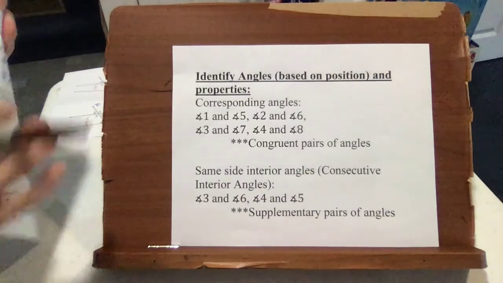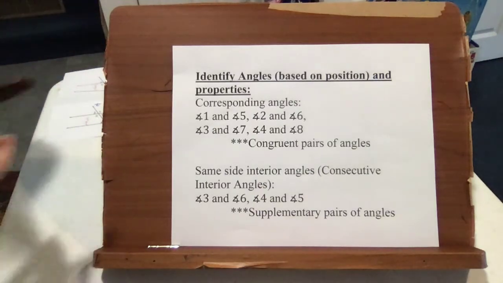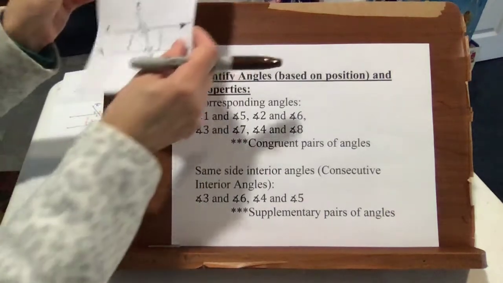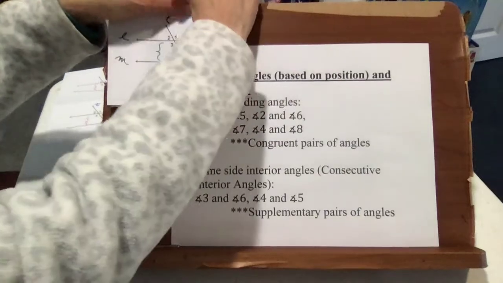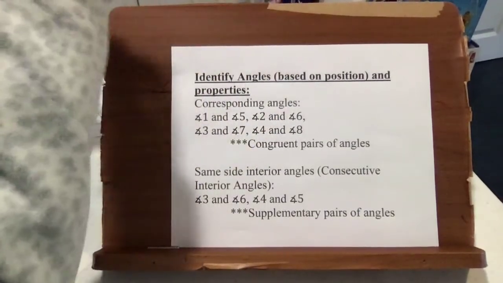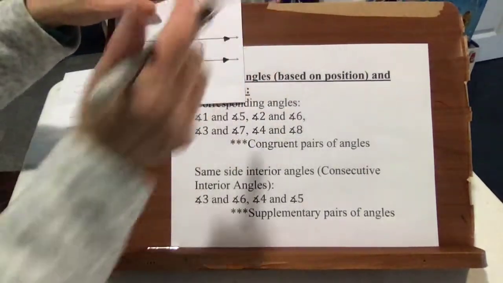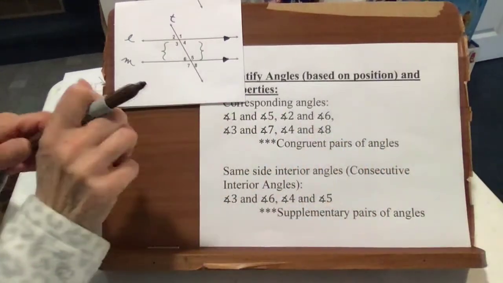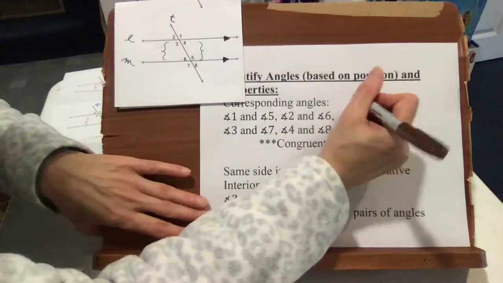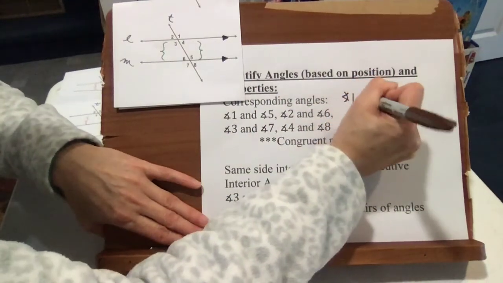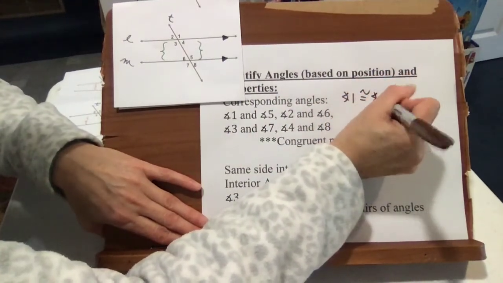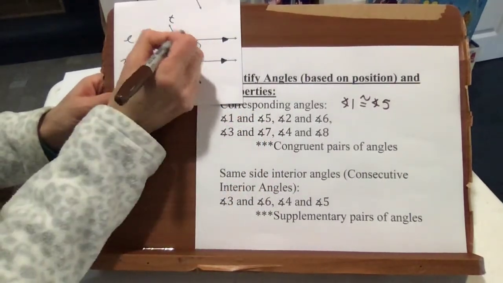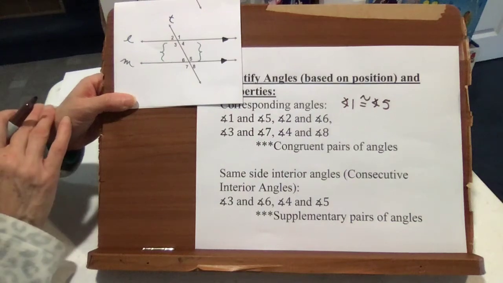And what we know is that when we have parallel lines, corresponding angles, which we identified as angle 1 and 5, are going to be congruent. So that's what's unique about having parallel lines. So angle 1 is congruent to angle 5. These are corresponding angles.